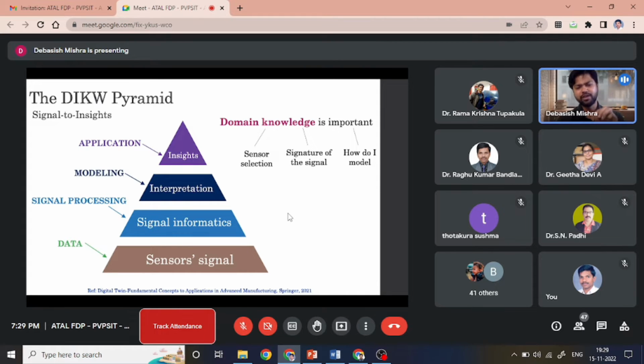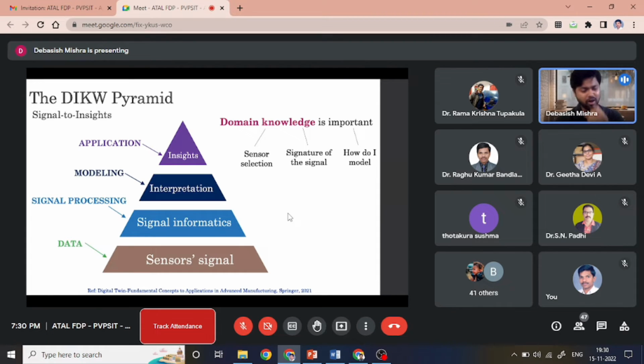The most important thing to mark here is that domain knowledge is very important. Every manufacturing process is different from one another. What sort of sensors would be required to get the data, how the information is to be processed, how one would choose between the available models, or how one would choose the signal processing techniques all depend on the domain expertise.